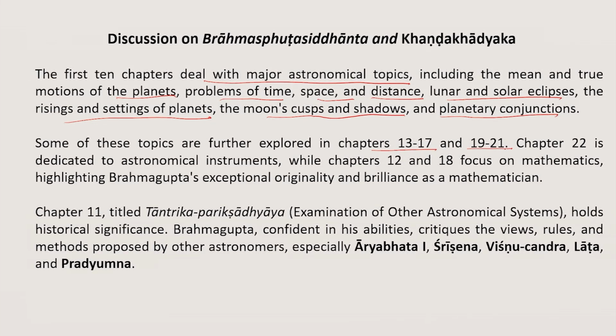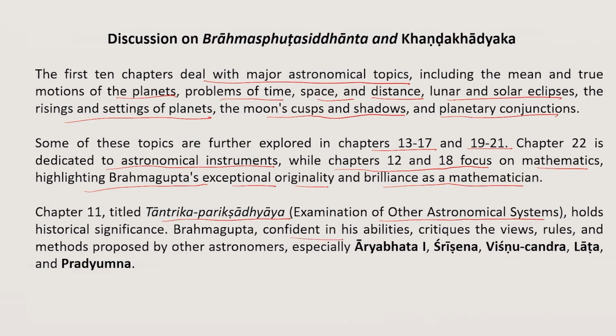Chapter 22 is dedicated to astronomical instruments, while chapters 12 and 18 focus on mathematics, highlighting Brahmagupta's exceptional originality and brilliance as a mathematician. Chapter 11, titled Tantrika Parikshadhyay, examination of other astronomical systems, holds historical significance.